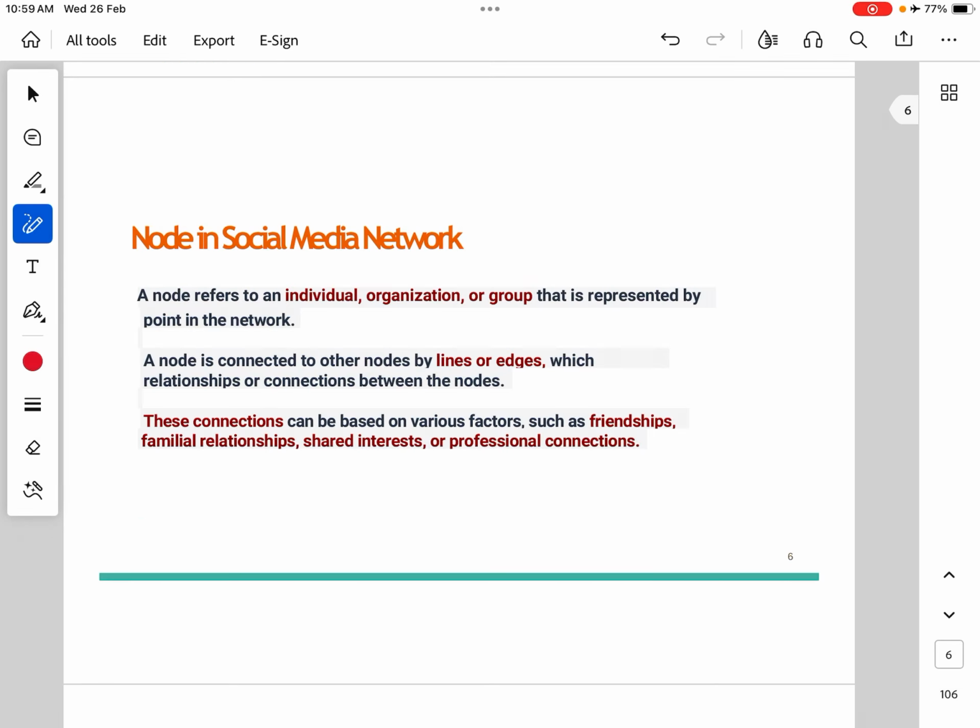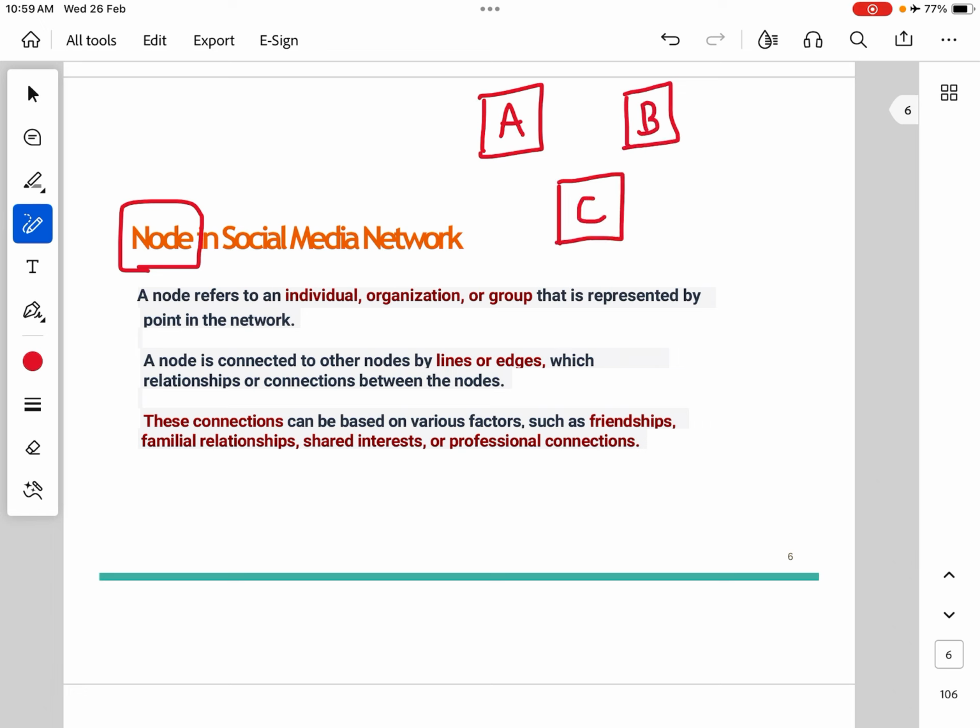What is a node in a social media network? What do you mean by a node? A node is nothing but an individual. For example, A, B, C: A is friends with B, A is friends with C. That's the reason B and C became friends of each other, because A is the common person who is friends with both.